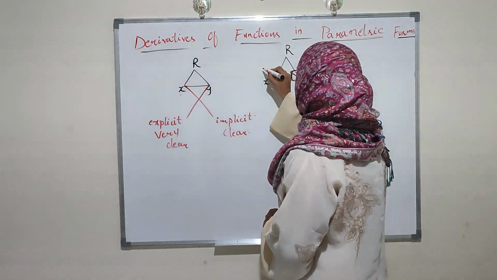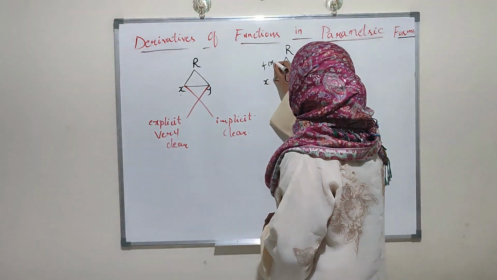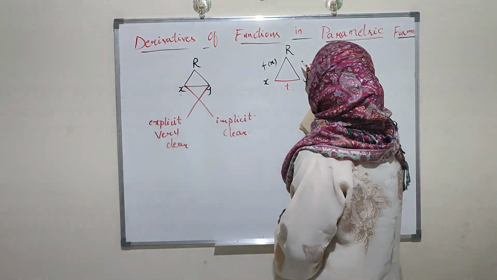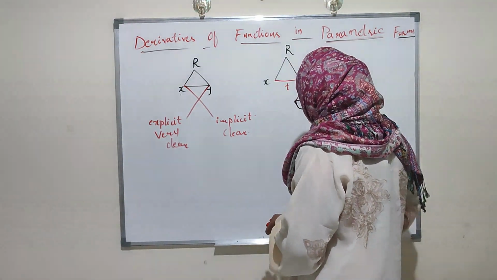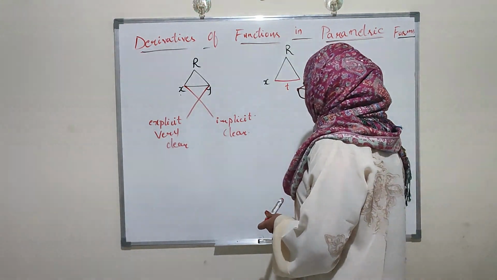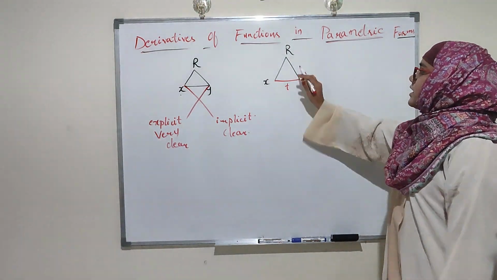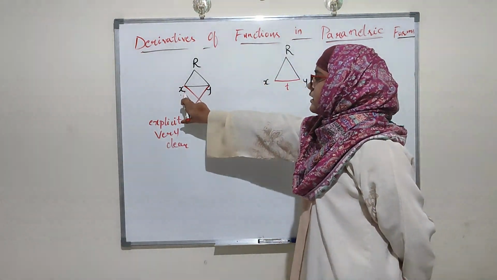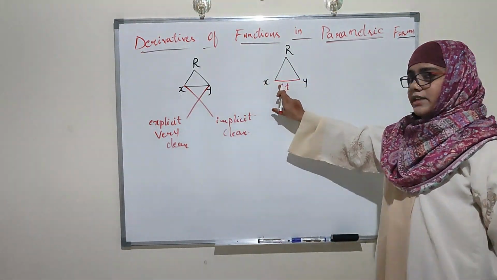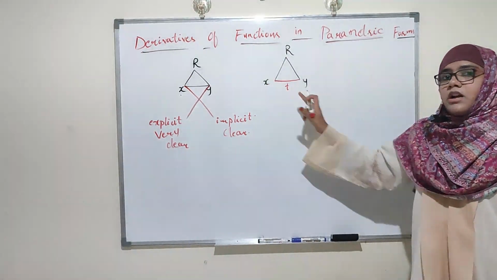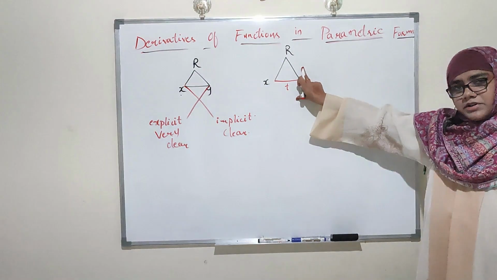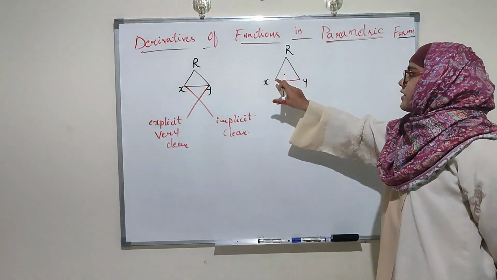So the function of x is f of x and the function of y is g of y. First they are not clear. By adding another term, now it is clear. Like here, it will become a triangle. We can solve a triangular shape figure.